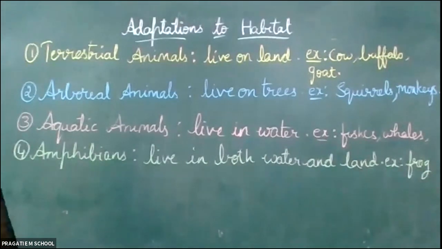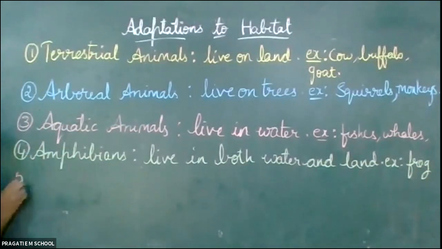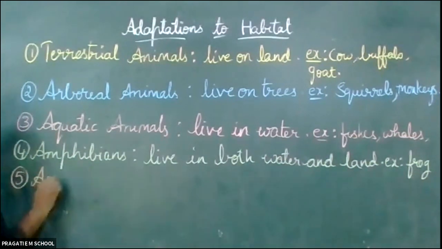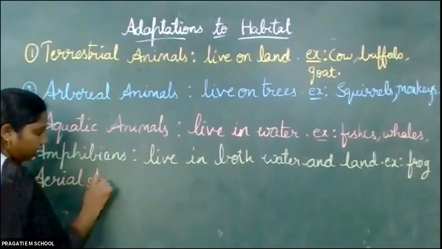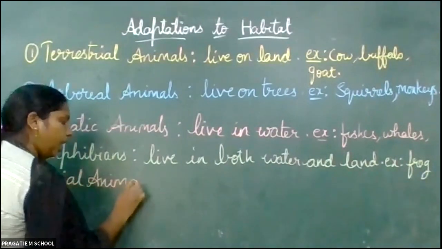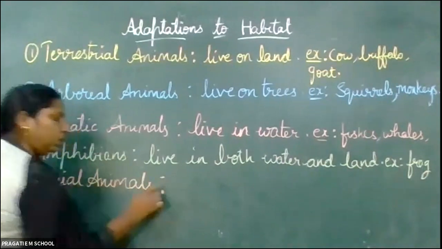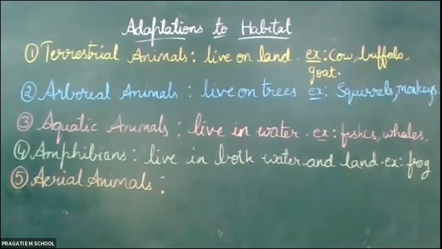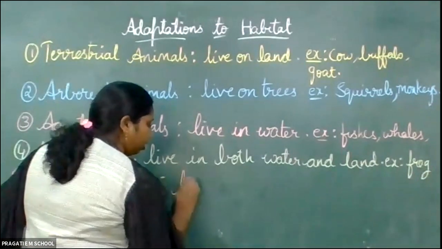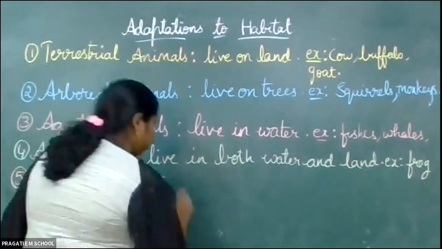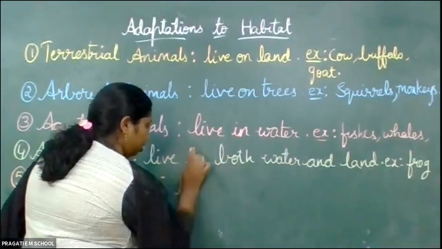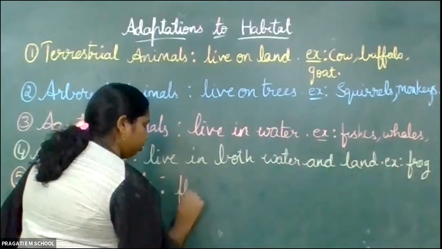The next, fifth one, is aerial animals. What, children? Aerial animals, A-E-R-I-A-L. What is meant by aerial animals? The animals that fly.